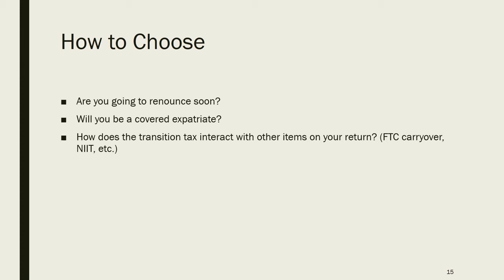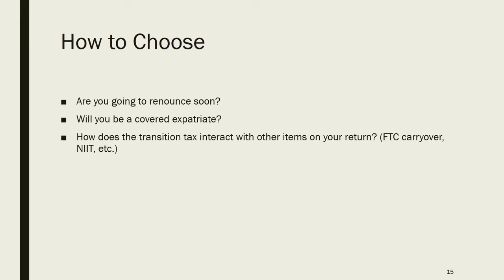And capital gains taxes are generally calculated as the difference between what you sell and your adjusted cost basis. And subpart F inclusions increase the cost basis, which would therefore decrease the amount of the capital gain. Right. So if you're going to expatriate soon, you might want to maximize the basis.